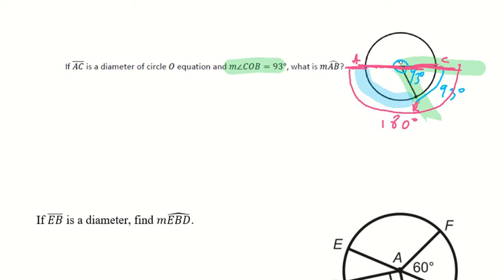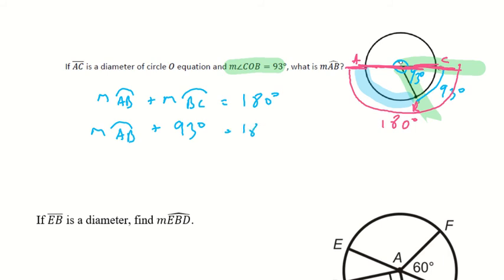So, to find the measure of arc AB, we could add it to the measure of arc BC, and together they equal 180 degrees. And we know arc BC is 93 degrees. So we can solve.